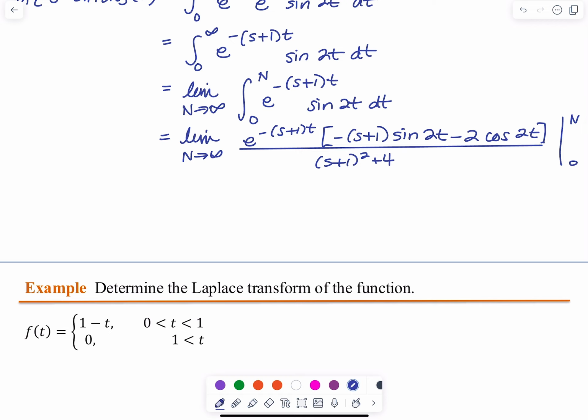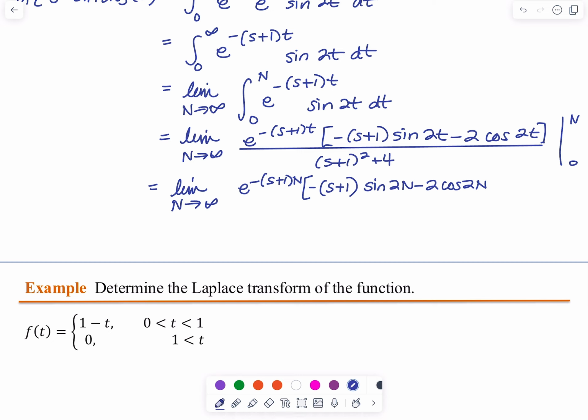And here, if we go ahead and plug n in, of course, we still will have to take the limit afterwards. So we have e to the negative s plus 1 multiplied by n, negative s plus 1 multiplied by the sine of 2n minus 2 cosine 2n, all divided by s plus 1 squared plus 4.